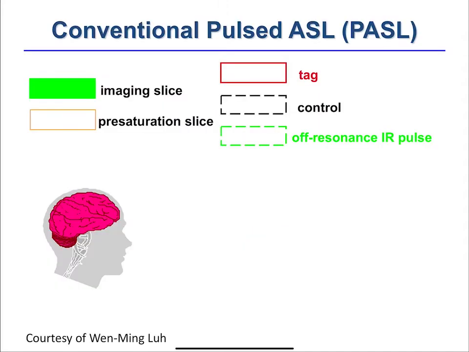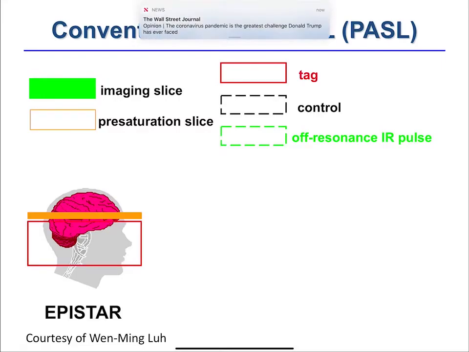Okay, so let me just give you a sense of what the MR physicists try to do when we're designing these ASL sequences. We talked about the tagging, but the control of the tagging is never perfect, and the thing that keeps MR physicists up at night is, does the tag somehow affect my imaging plane?